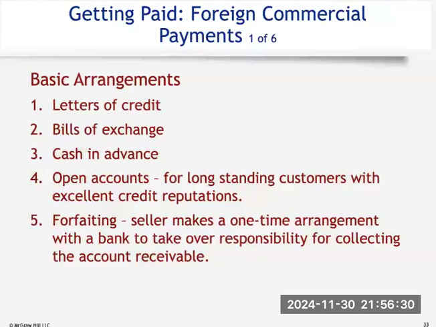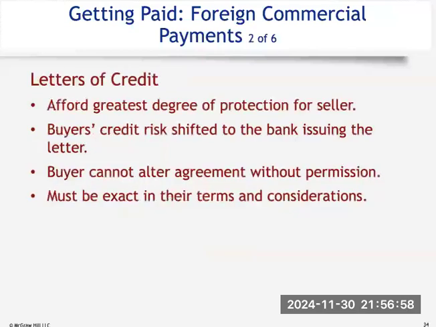Getting paid. You have to be aware of how you're going to get paid in markets, if you're exporting a whole batch or thousands and thousands, do you have a letter of credit? Are you going to get paid in advance? Do you have open accounts, which is for long-standing customers usually, and you have to have good credit reputations for that.